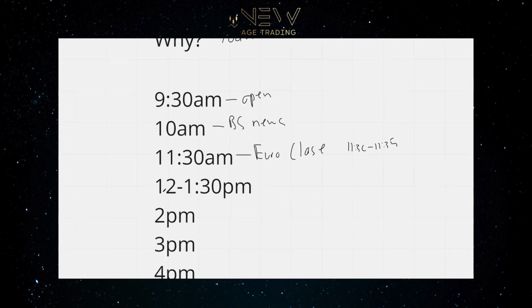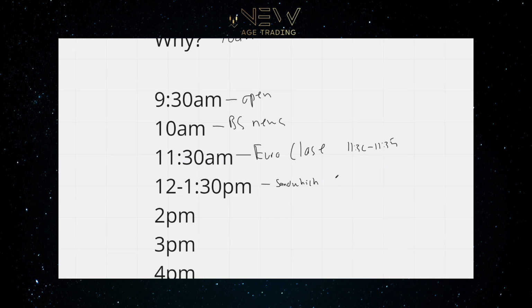What happens between 12 and 1:30 every single day on the New York Stock Exchange? Sandwich time. What happens at 1:30 every single day? Roll to 1 day expirations?